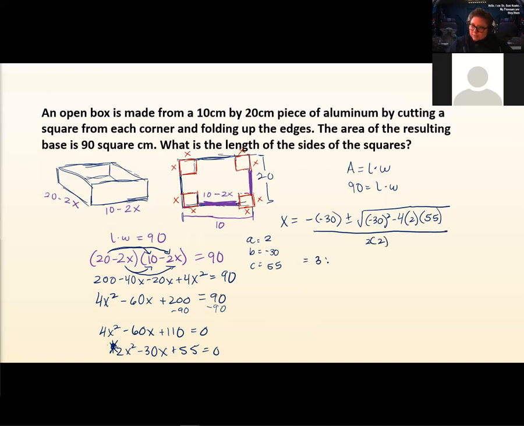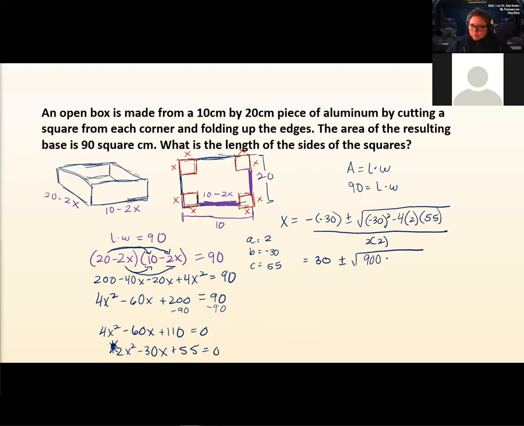So we have positive 30 plus or minus square root. What is negative 30 squared? And it's okay to bust out the calculator for this stuff, guys. 900. Yeah, 900.